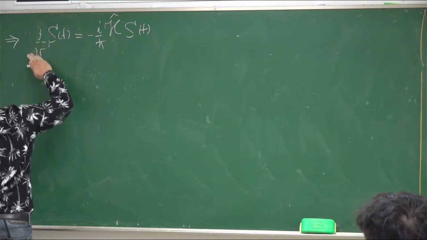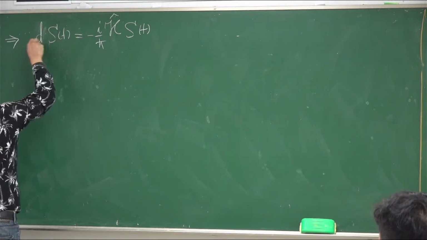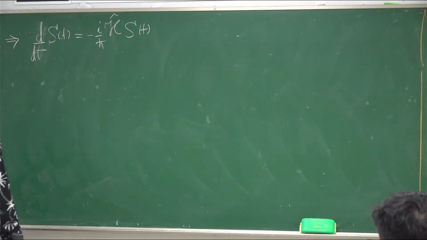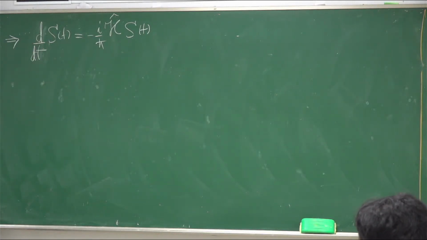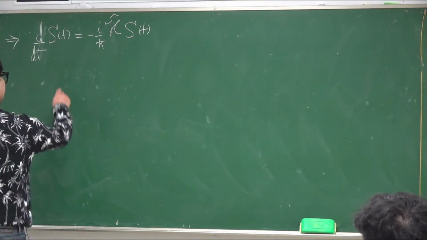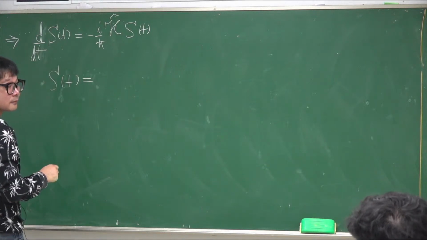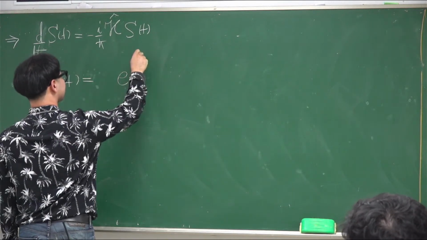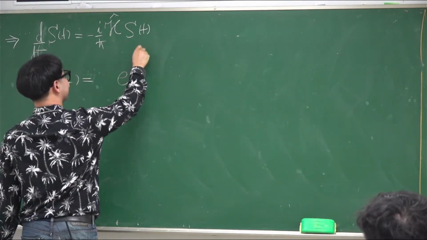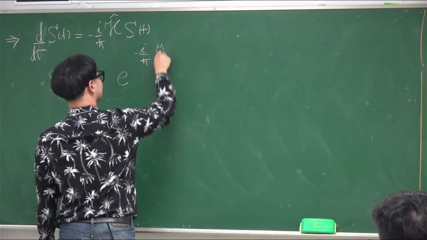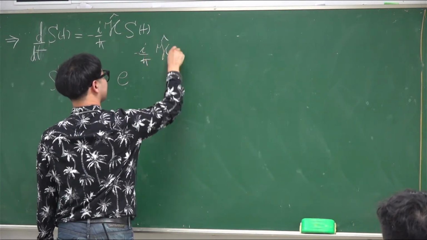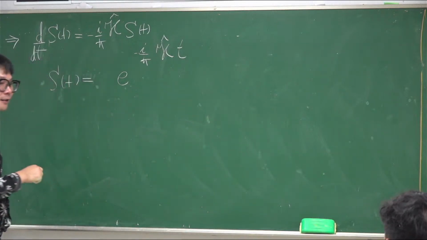I mean, we can think this to be, and then you get what? So you get T. That's it.